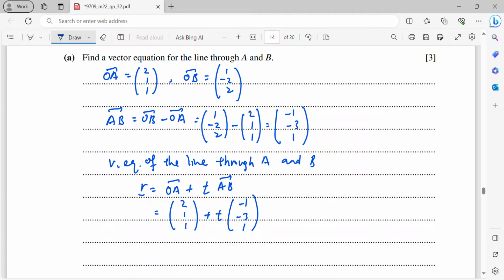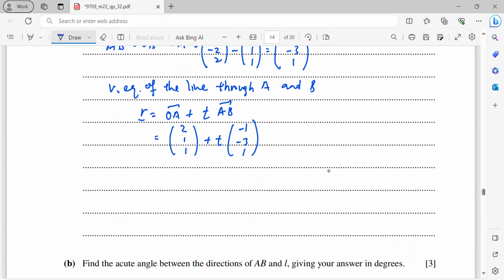Now in the vector AB, since there are two minus signs and one positive sign, I can factorize a minus, right? If you don't want, you can just leave it in that form. When I factorize minus, my t becomes minus t. So I change the minus t to s. Then I will get the vector (1, 3, minus 1). So you can leave your answer in either form, first or second, up to you.